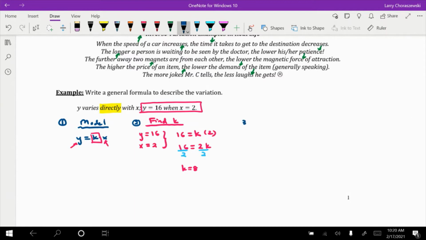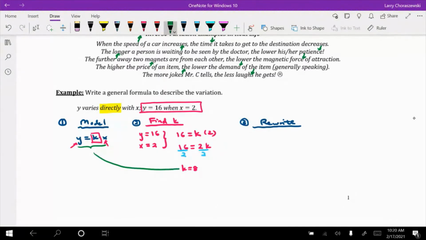That takes us to step 3, which is going to be the last step in these types of problems. It's basically what I like to call a rewrite step, where we take our model, y equals k times x.